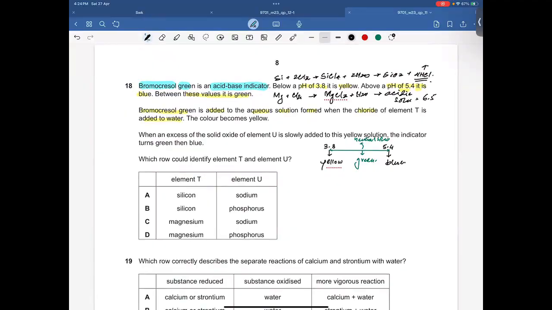Whereas over here, the pH is approximately 2 to 3, right? So the color becomes yellow. Obviously, the acidic pH is 2.